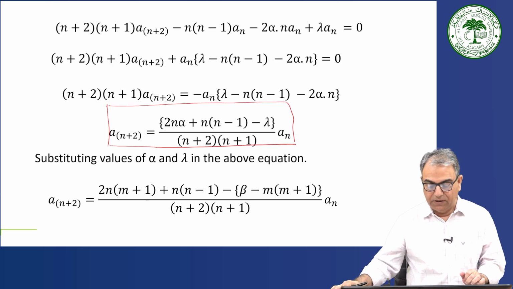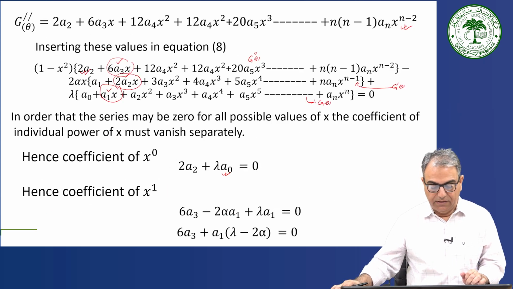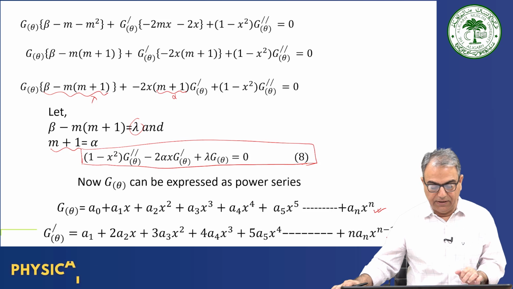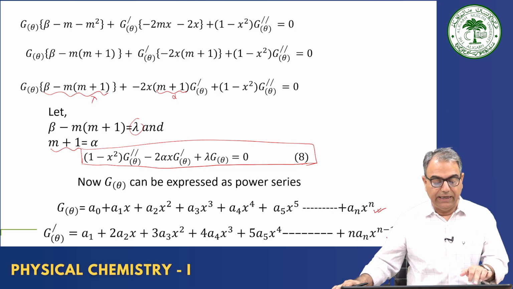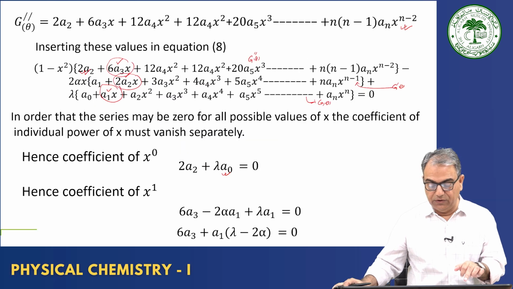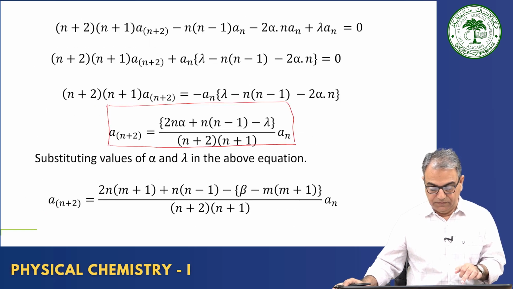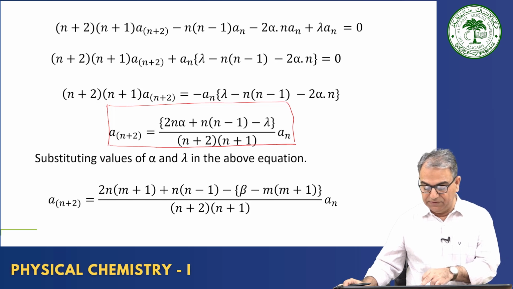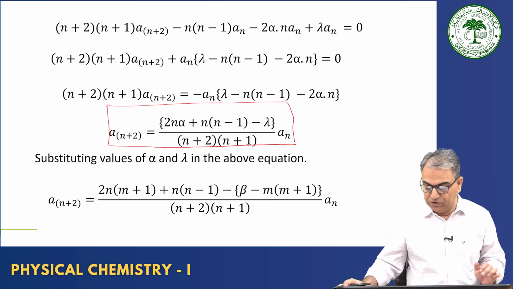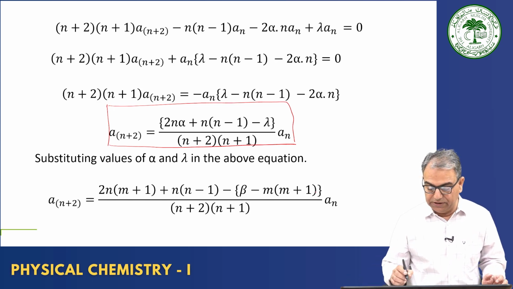Substituting these values of alpha and lambda in the above equation. If I go back, alpha was m plus 1 and lambda was beta minus m into m plus 1. So if you substitute these values, this equation changes to this equation.